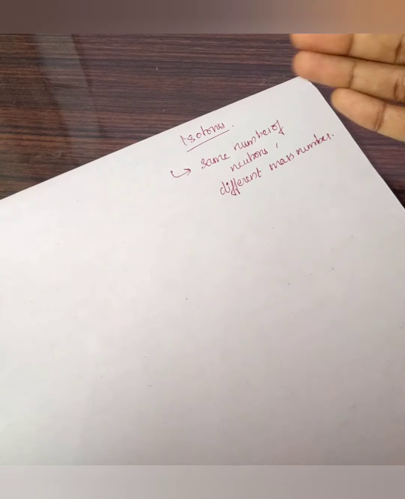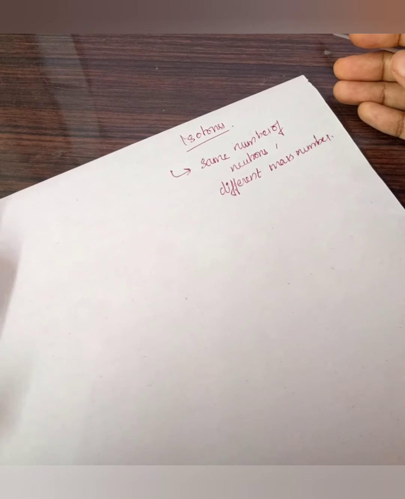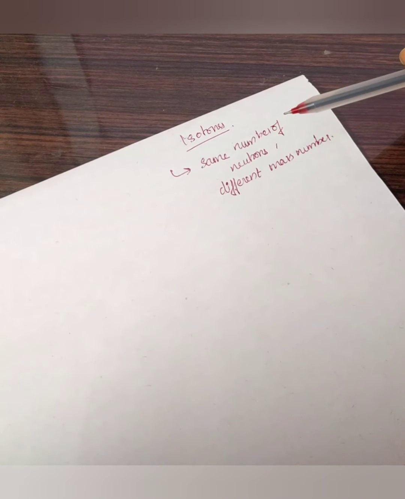So they will have different physical and chemical properties. So basically, when we are comparing the three terms, isotopes, isobars and isotones, only isotopes have the same chemical properties, while isobars and isotones have different physical and different chemical properties.